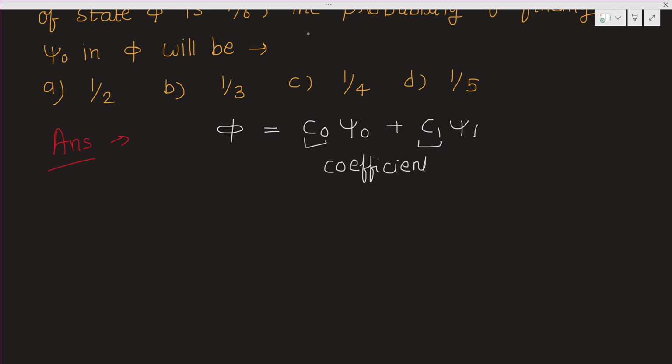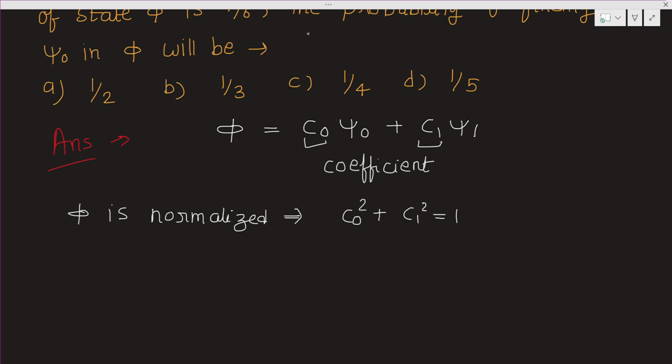Firstly, think: it is given that phi is normalized. Whenever a wave function is normalized and it is a linear combination of two wave functions, then the squares of the coefficients, C naught square plus C1 square, will be equal to 1.